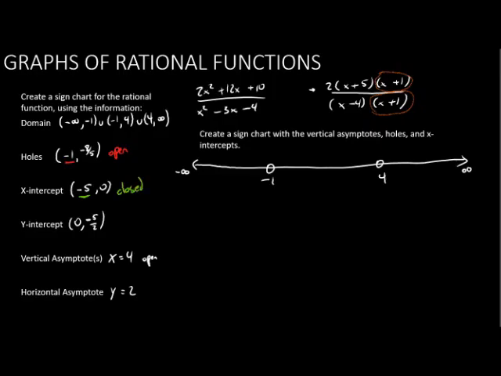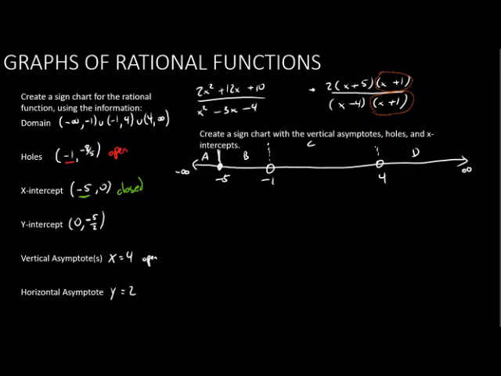We'll place a closed circle at -5, and then we will split up this number line based on the points that we've marked. From -infinity to -5 will be region A, -5 to -1, region B, -1 to 4, region C, and then everything from 4 to infinity, region D.